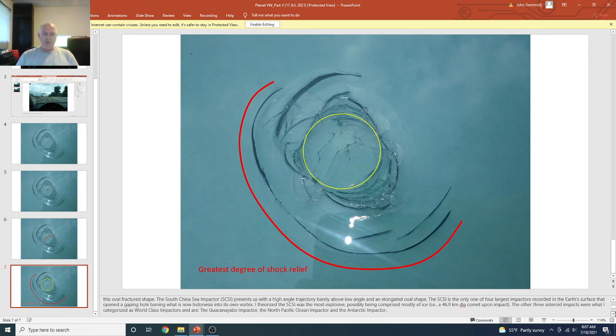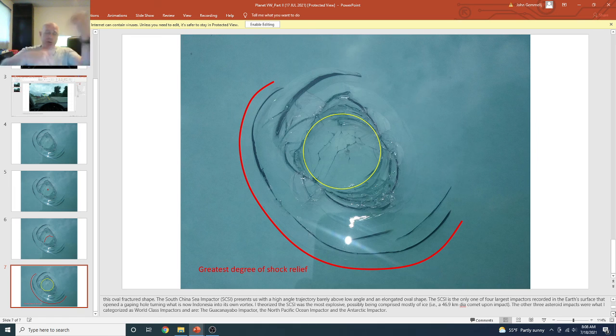I theorized the SCSI, South China Sea impactor, was the most explosive, possibly being comprised mostly of ice. Now, when you take something like ice and you throw it into a hot pot of lava, what does it do? Boop! Blows up, right? You got a hot pan sitting there on your stove and you pour water on it. What does it do?